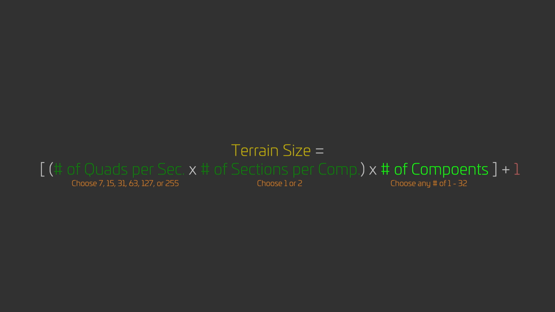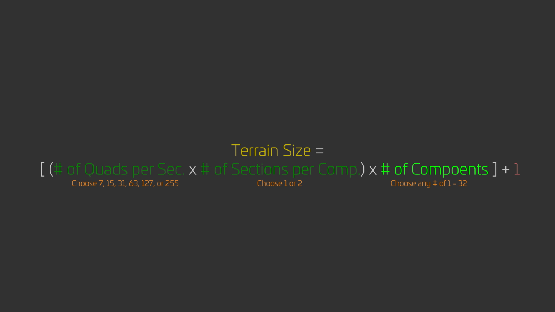That number times the number of components total, which you can choose any number between 1 and 32. Once you've added all of those together, you have to add +1 vertice to complete the equation, and now you have your resolution or your terrain size for one X or Y value. These decisions in this equation should help you achieve the correctly sized terrain in UE4.